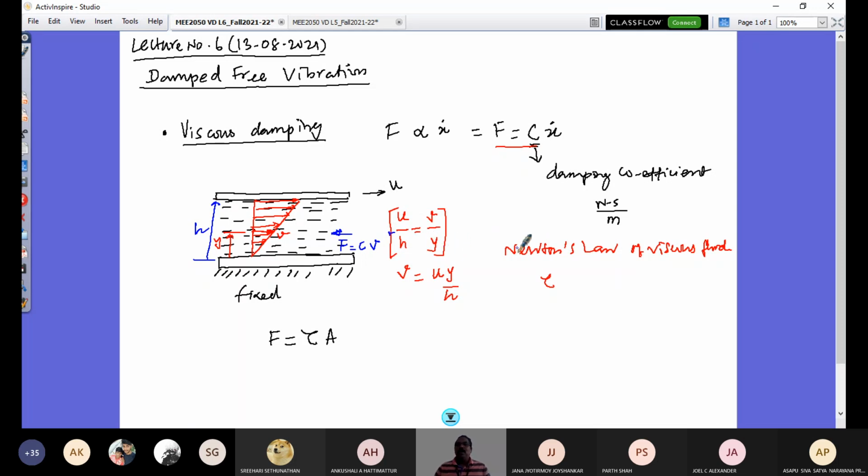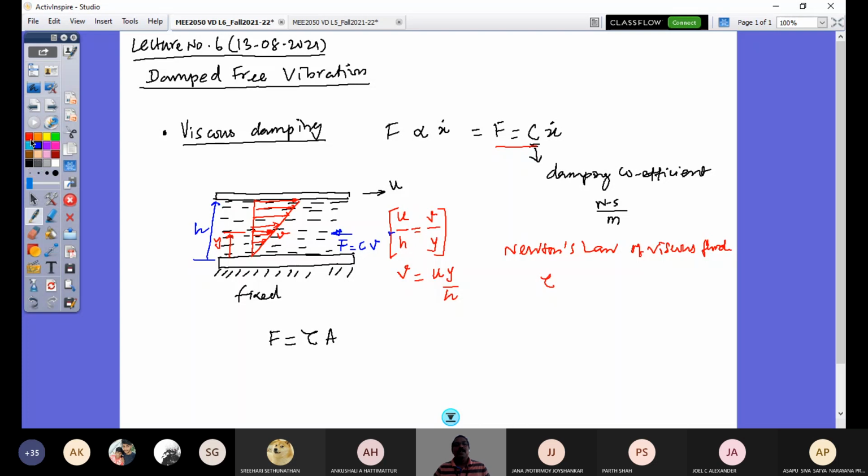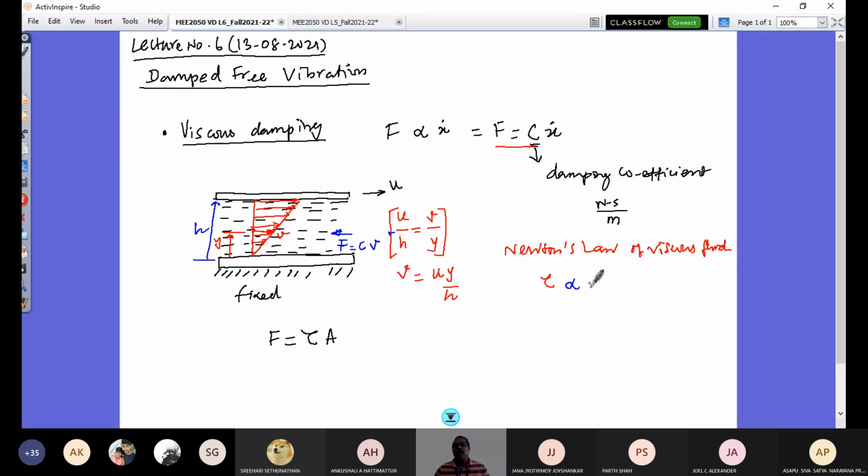If that is so, Newton's law of viscous fluid states that the shear stress at any layer would be proportional to the velocity gradient, here dv by dy. So this is the velocity gradient. The proportionality constant is given by a property of the fluid called viscosity.